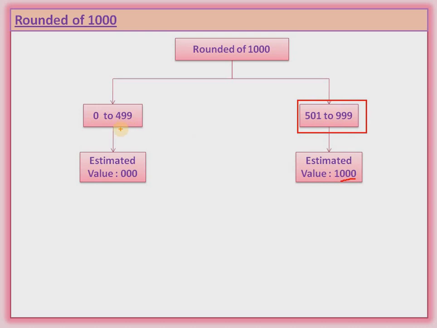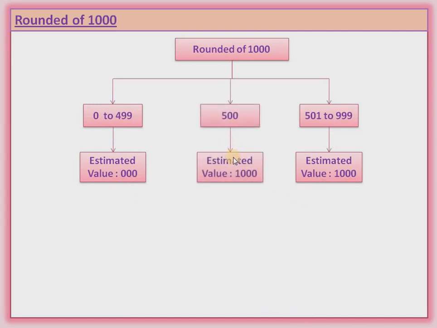And here the estimated value of 0 to 499 is equal to 3 times 0. Understood? This is category number 1, this is category number 2, and category number 3 is equal to 500, and its estimated value is 1000. Again I am repeating for better understanding.